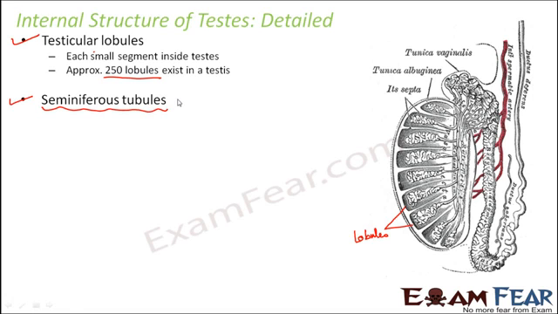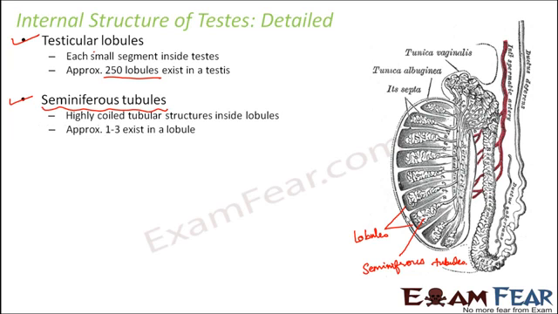As the name says, tubules, so there are some tubular structures. They are highly coiled tubular structures which are present inside the lobules. Inside each lobule you can see highly coiled tube-like structures. Here you see the white colored structures which are highly coiled. These highly coiled tube-like structures are seminiferous tubules, and inside these seminiferous tubules sperms are actually produced.